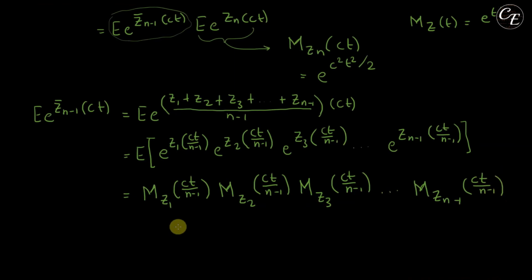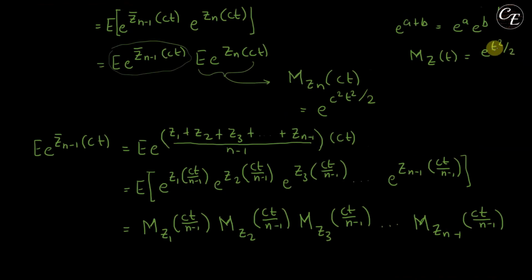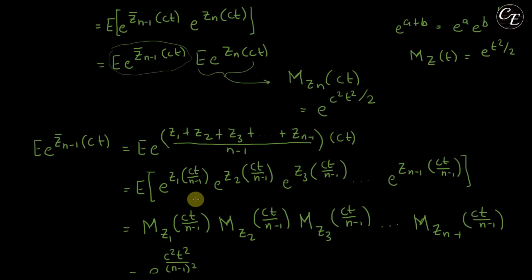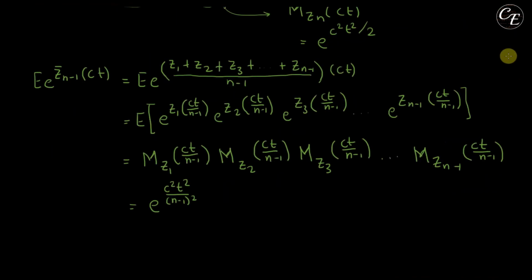And then since these z's in here have a standard normal distribution, their moment generating functions are this one, but with this t being the term in here. So we have e raised to t squared over 2, where t is this one, c squared t squared over n minus 1 squared, times 1 over 2.